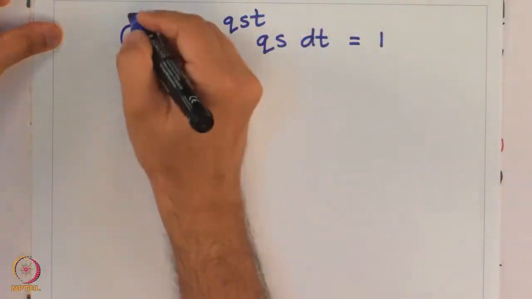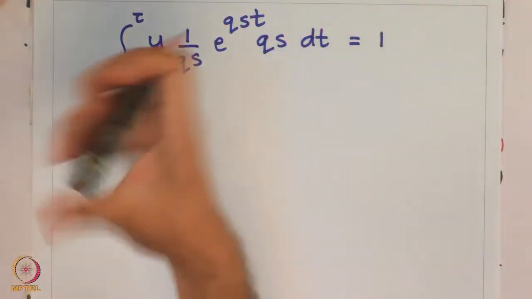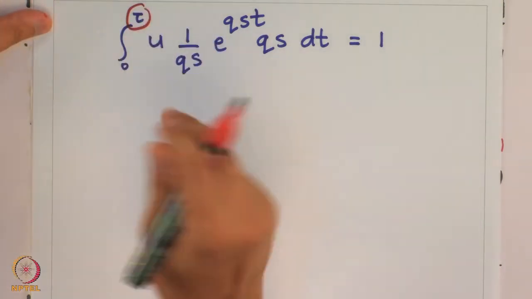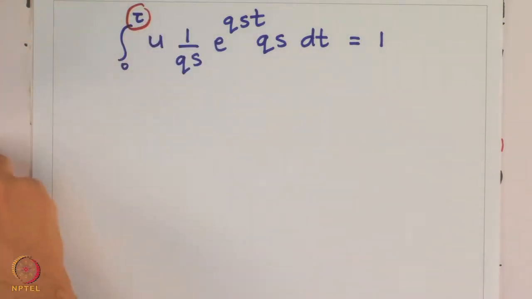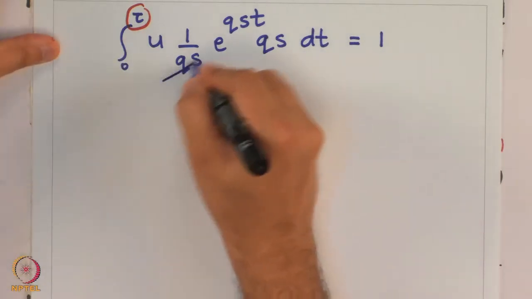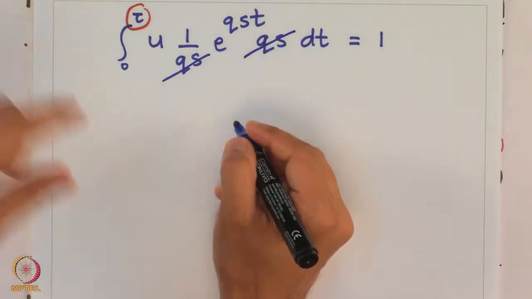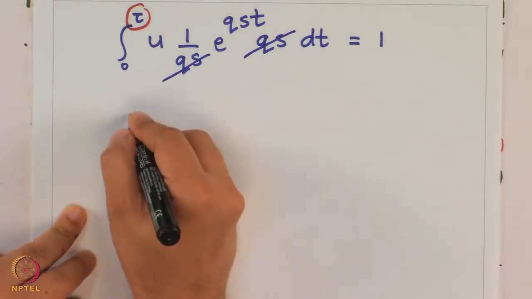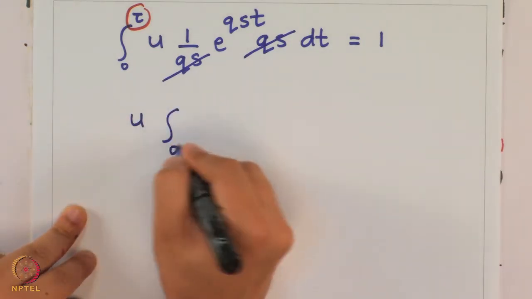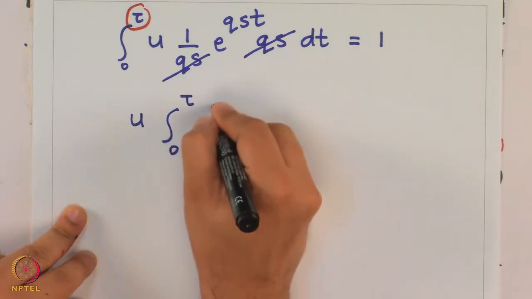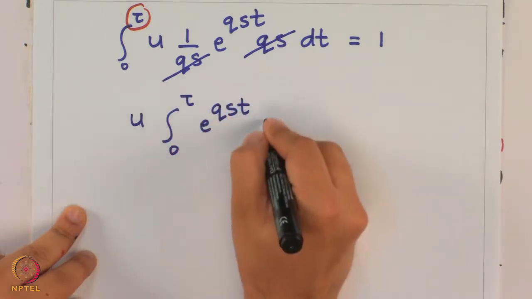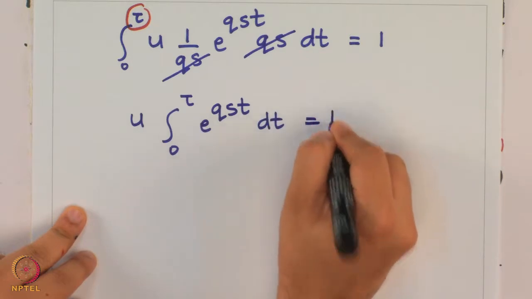All right. So, we are interested in solving for this tau, that time tau for which this relationship holds, and this qs gets cancelled, u can be pulled out. So, we have the integral from 0 to tau of u e to the power qst dt equals 1.